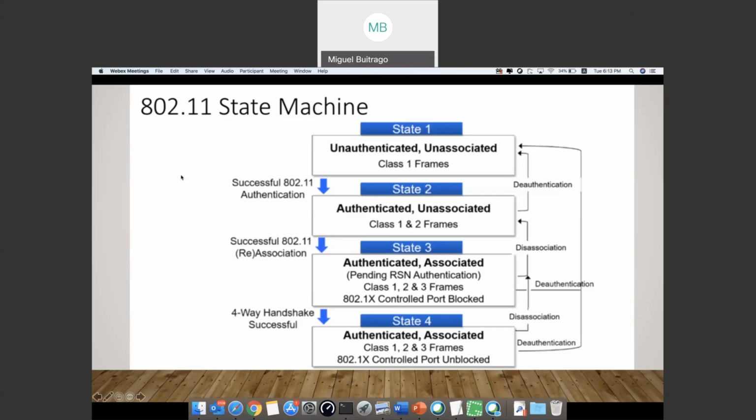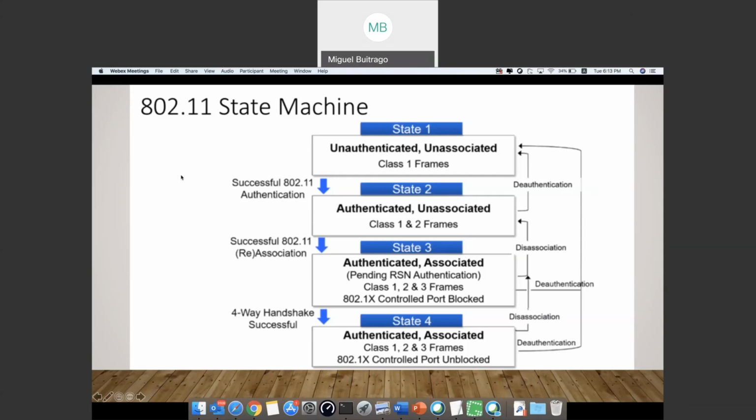If the client completes the EAP process successfully, the controlled port opens. So it completes the four-way handshake successfully and moves to state 4. This is the fourth state, authenticated and associated with full RSN authentication completed successfully.